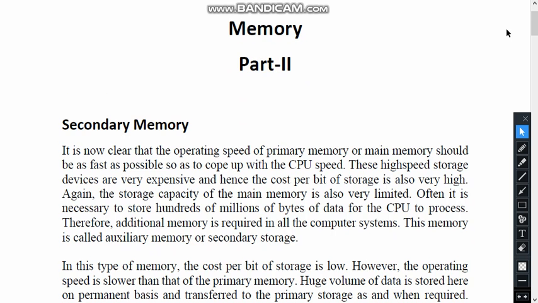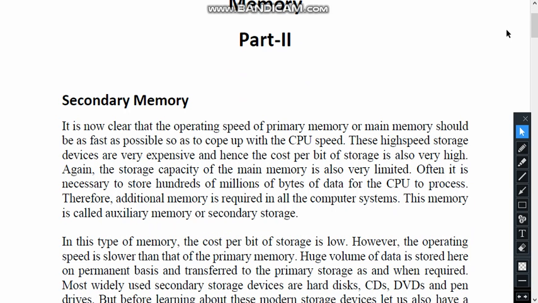In primary memory, we can store up to hundreds of millions of bytes of data for the CPU to process. However, as we have a huge amount of data, we always require an additional memory in all the computer systems. This additional memory is called your auxiliary memory or the secondary storage.